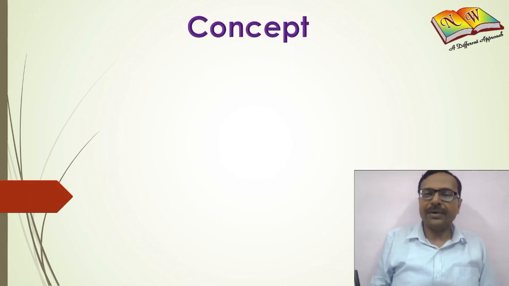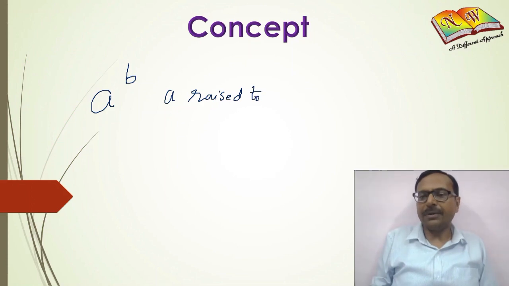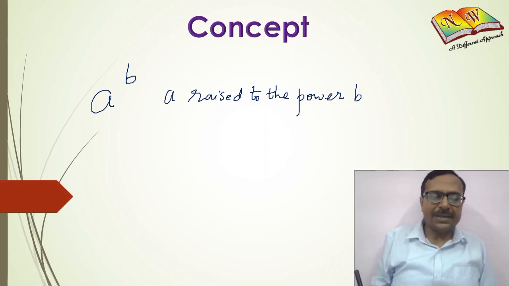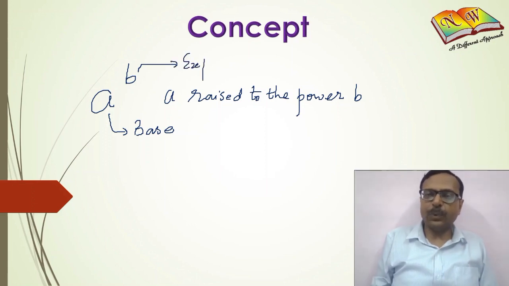If you have a raised to power b, we pronounce this as a raised to the power b. In this expression, a is called the base and b is called the exponent. What does it mean?